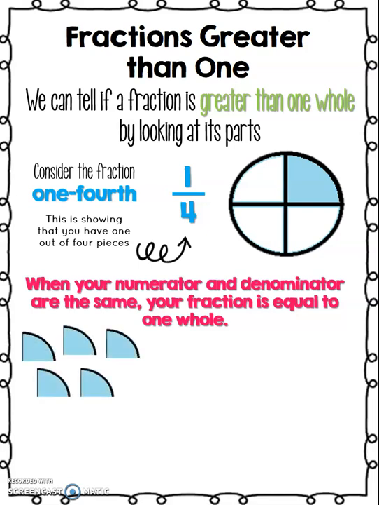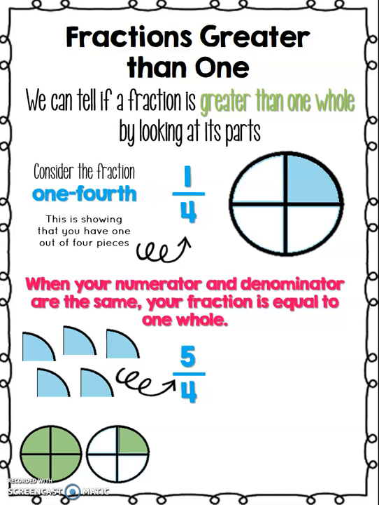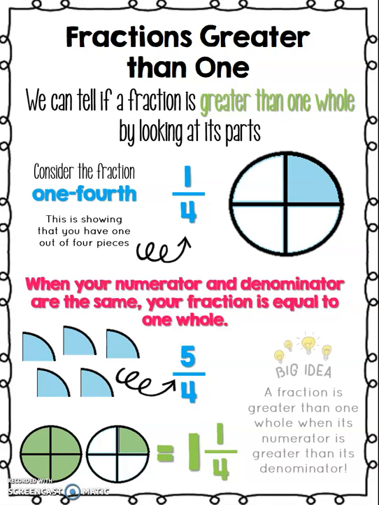But what happens if we have 5 fourth-sized pieces? Now this model would be showing the fraction 5/4. This is the same as reorganizing these 5 pieces into 1 whole circle and 1 extra 4th piece, which we can write as a mixed number.